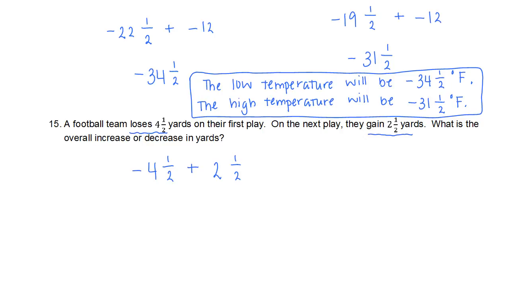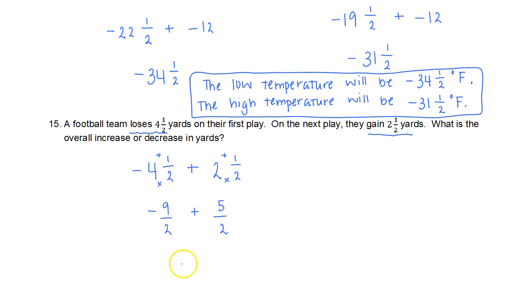And then, like I said earlier, once we get a better idea of what's going on, we can try working with the mixed numbers for problems like this. But I'm going to make these improper. So 2 times 4 is 8, plus 1 more is 9, which means I have -9 halves. And for the second mixed number, 2 times 2 is 4, plus 1 is 5, so I have +5 halves.